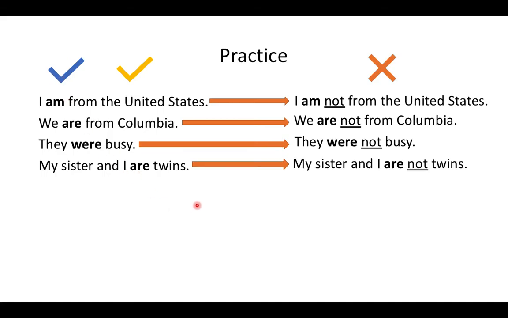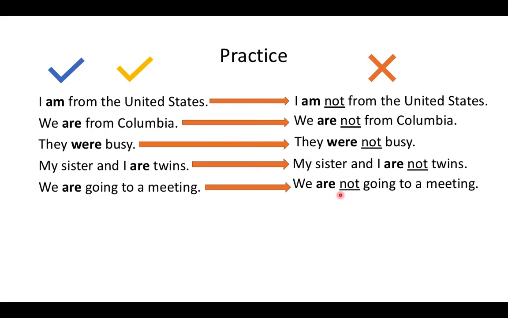It turns into, my sister and I, just right after are comes the not. So my sister and I are not twins. We are going to a meeting. So we have we are right here. Right after that, we're going to put the not right here. So we are not going to a meeting.